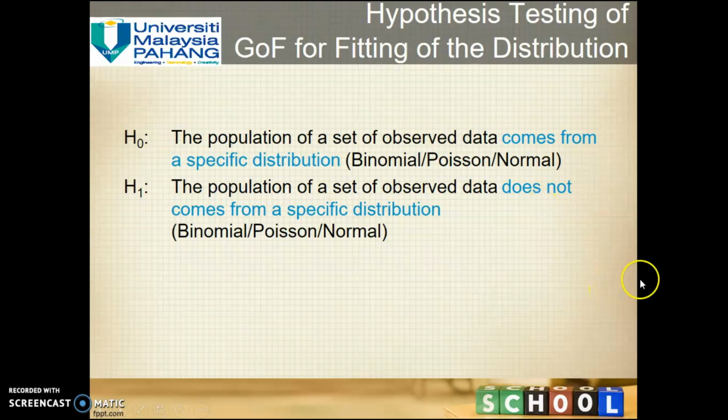If you have categorical data, there is no binomial, no Poisson, no normal. But whenever you have binomial or Poisson or normal, it is the case of fitting of the distribution.